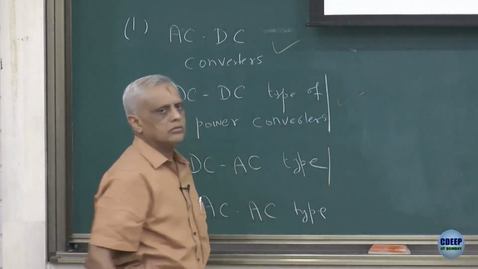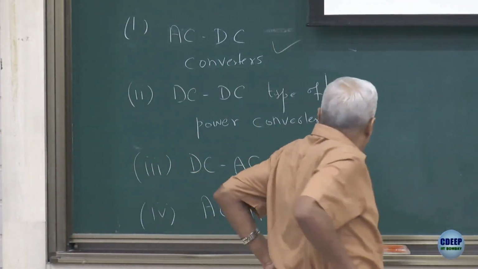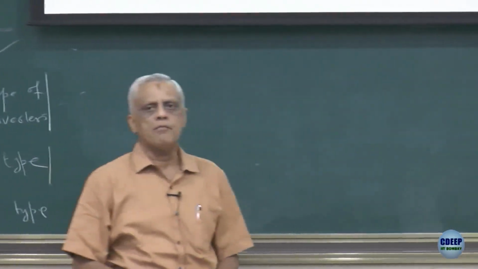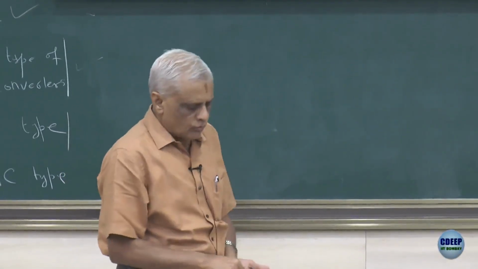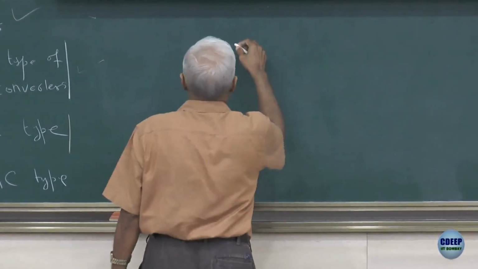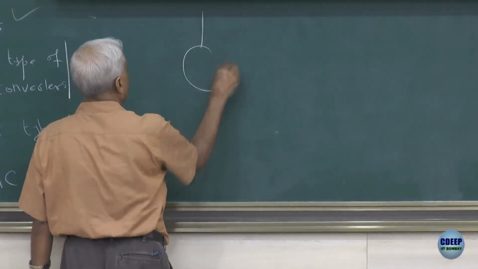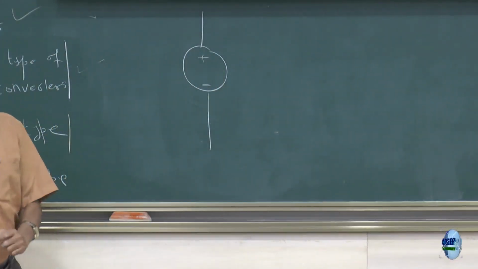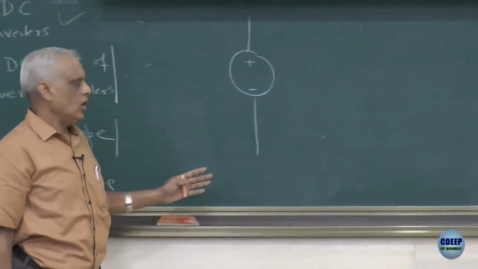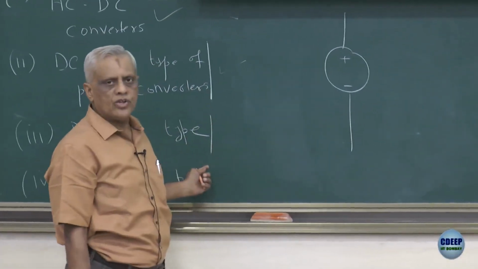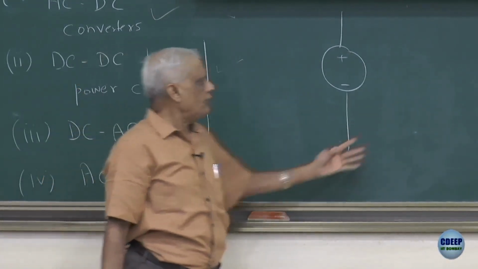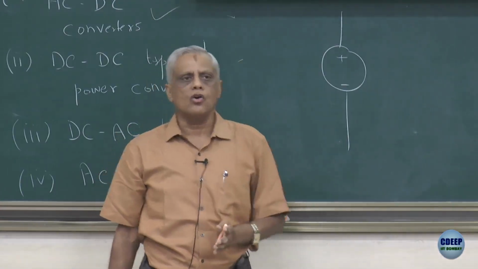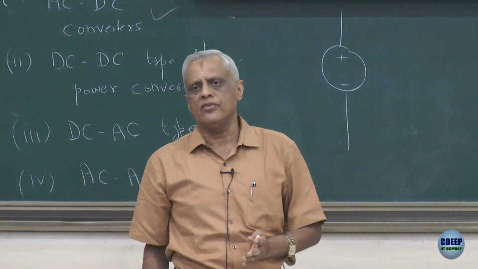Now let's come to a third category, the DC to AC type of power converter. Assume again that you have a DC source. The primary source is DC. That could be one particular case where you end up using a DC to AC system, if you need across your load a variable voltage, variable frequency supply.